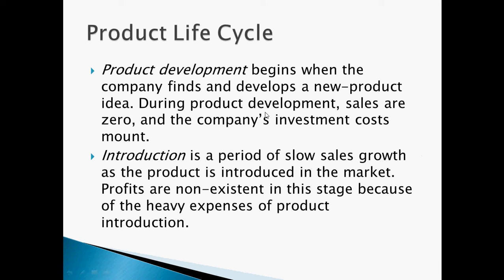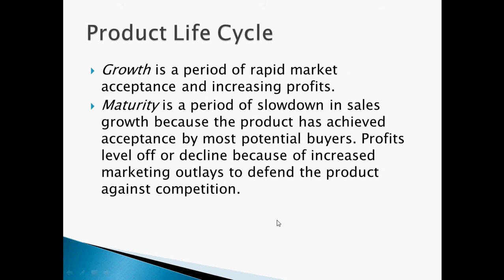So, first thing is first, during product development, sales are zero and the company's investment costs are what? Very high. They get higher and higher. In the introduction stage, profits are what? Non-existent because of what? Heavy expenses of product introduction. Growth now is a period of rapid market acceptance and in what?